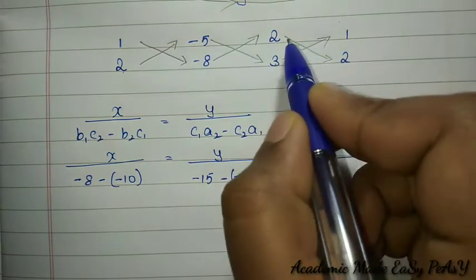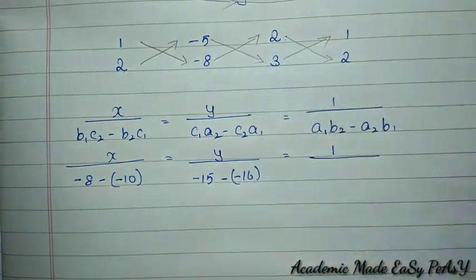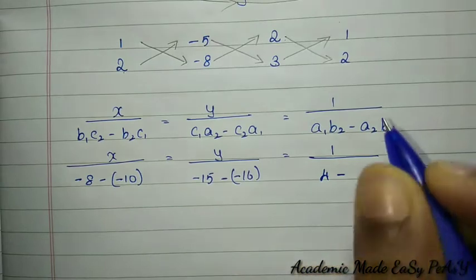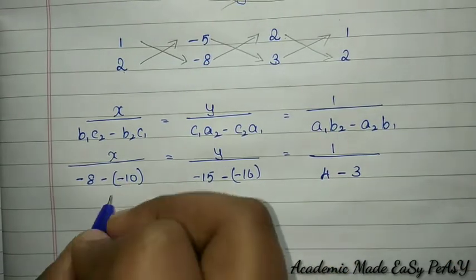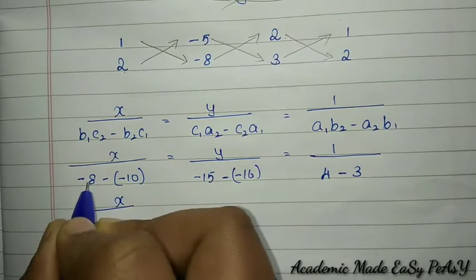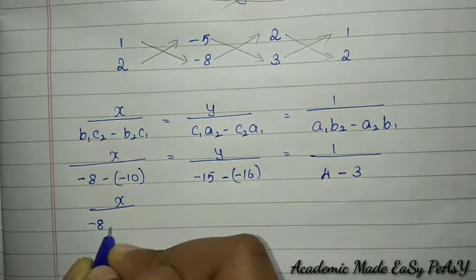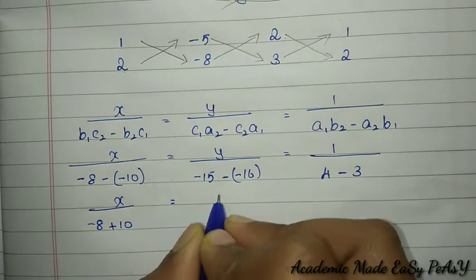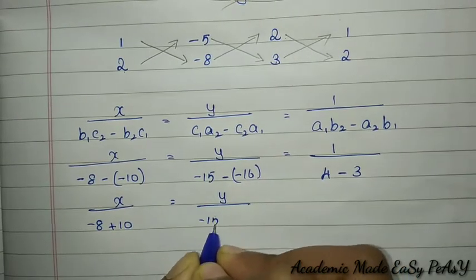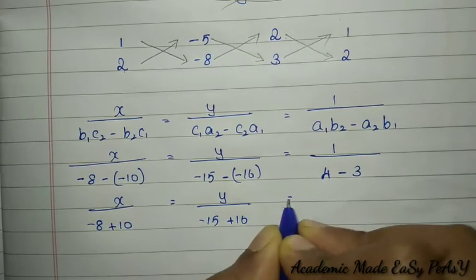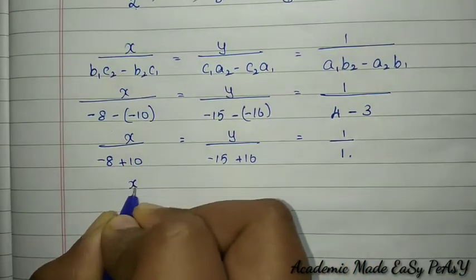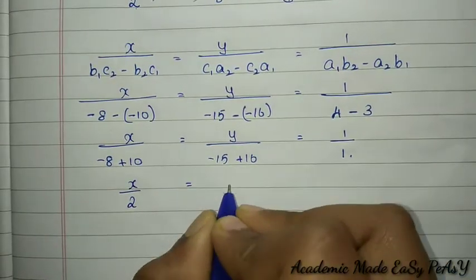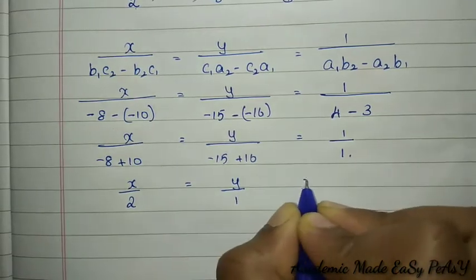So 2 2s are 4 minus 3 1s are 3. Now I will be just simplifying this. So x divided by 8 minus 8 plus 10 is equal to y divided by minus 15 plus 16 is equal to 1 divided by 1. So I will have x divided by 2 is equal to y divided by 1 is equal to 1.